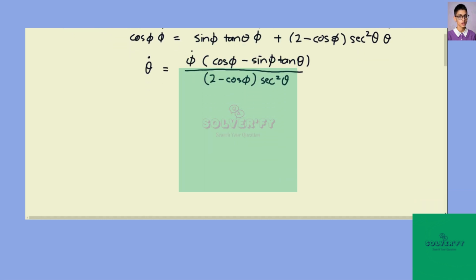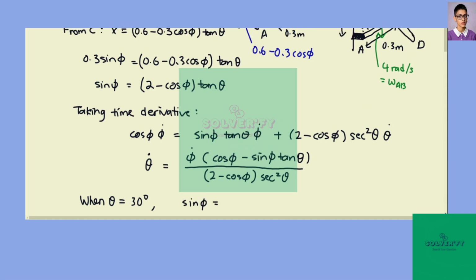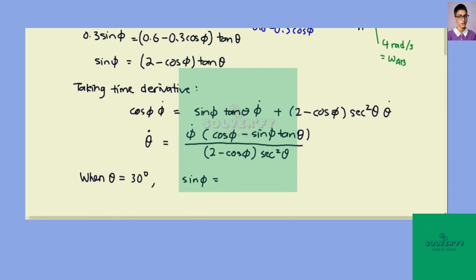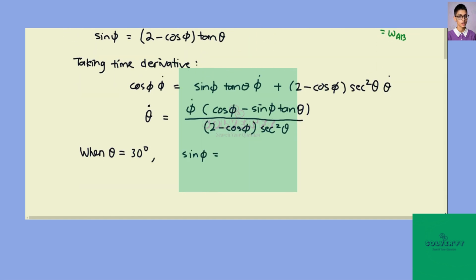The next thing is to find the value of phi when theta equals 30 degrees. We substitute theta equals 30 degrees into the earlier equation, so we have tangent 30 degrees.